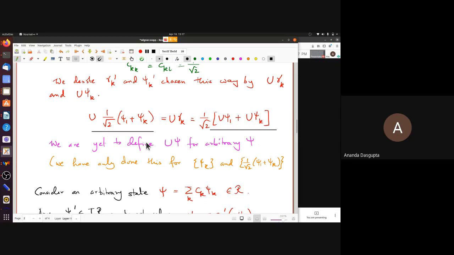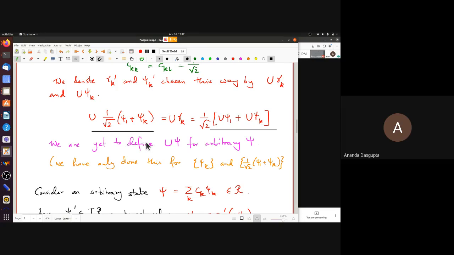Now, from linear algebra, you must remember that if I specify the action of an operator on a complete basis, does that specify the action of the operator on every vector? Do I specify what the operator does on a basis vector, on the set of basis vectors?